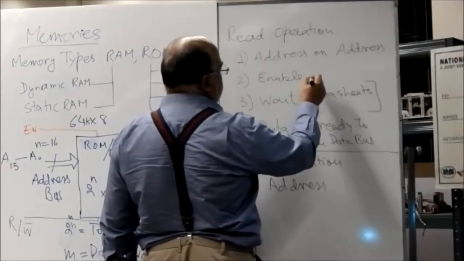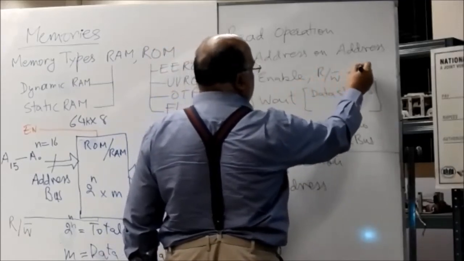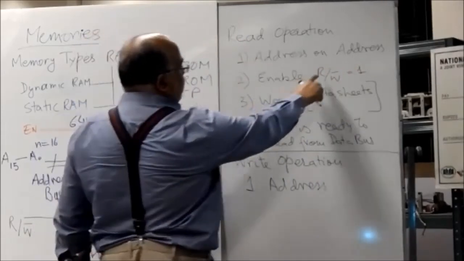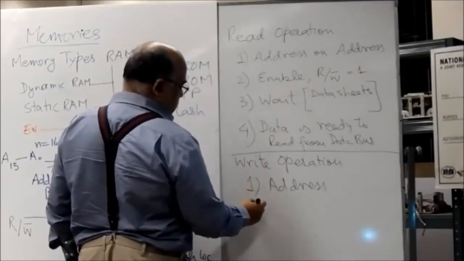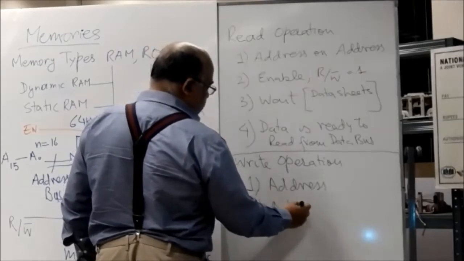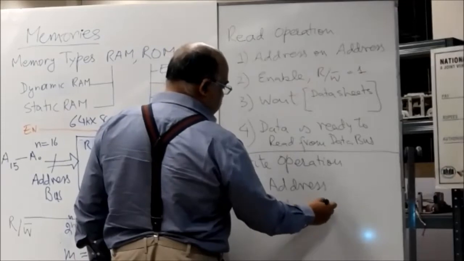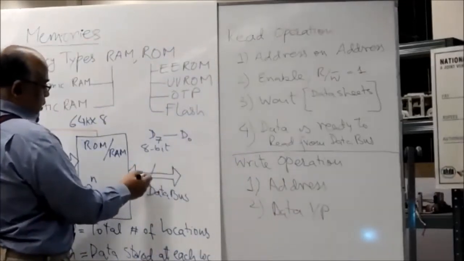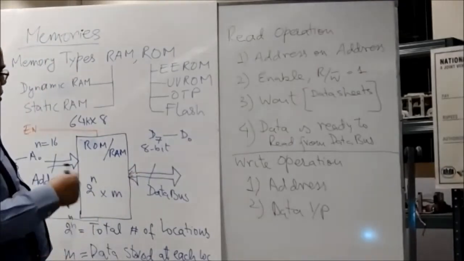So with enable you must also activate read write equal to 1, because 1 means read. So 2 will be data that you want to input, because in write operation data is provided by the user and it travels in this direction and it is written onto the memory.